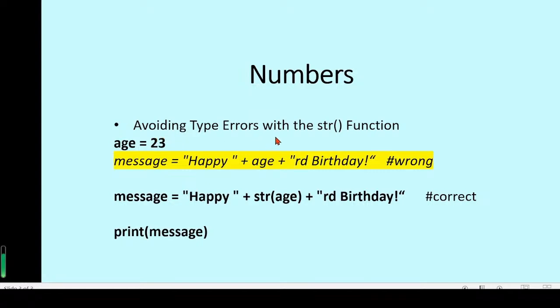And avoiding type errors with the str function. So age is 23. Next, if we create a string variable called message equals happy plus age plus birthday, then it will give an error because Python does not allow you to add a numeric variable to a string directly, so you have to transform this numeric variable to the type of string before adding together.